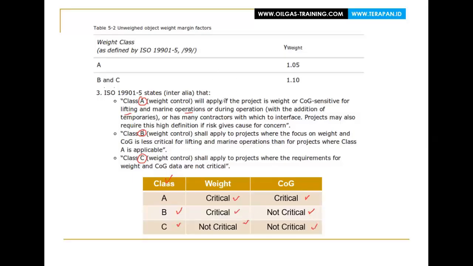Now if, for example, the weight control report is very critical, the accuracy must be high, and we use the COG factor 1.05, but for B and C, because it is not very accurate, then we use COG factor 1.1.